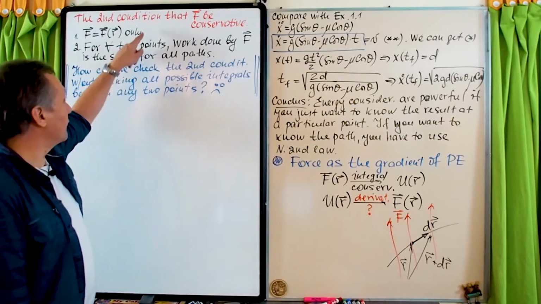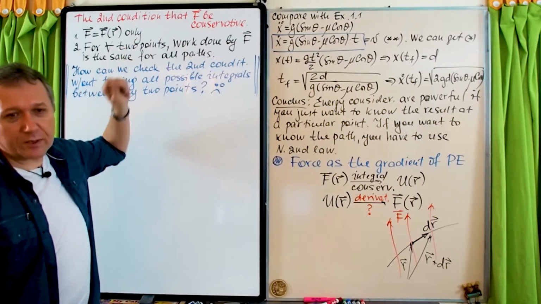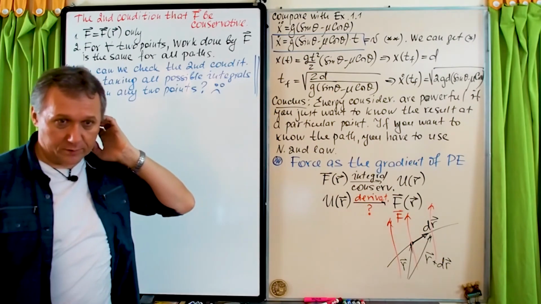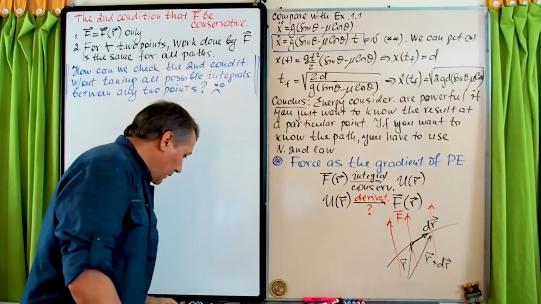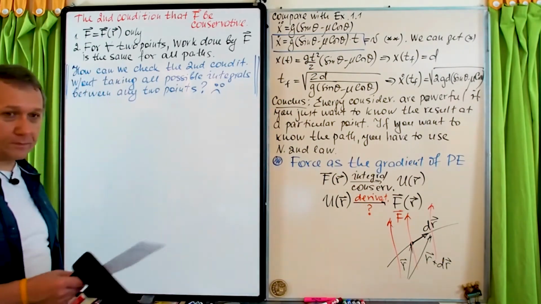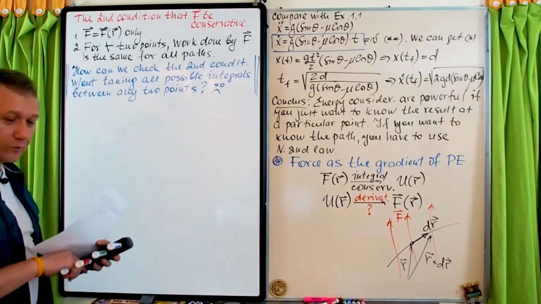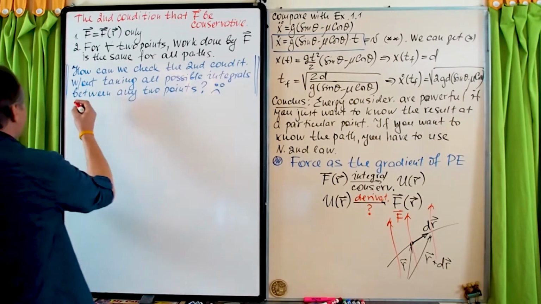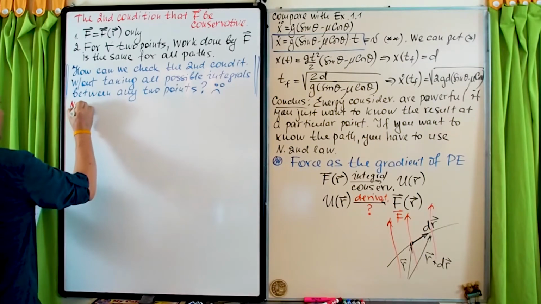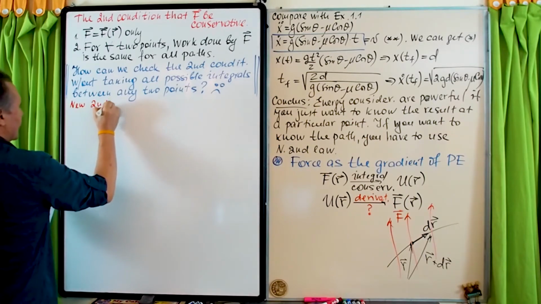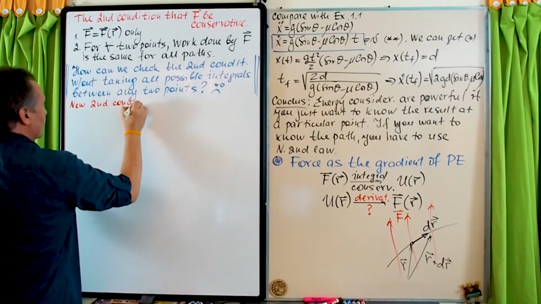And of course, the first condition is still there: it must be a function of position only. So let me write the new second condition, and then we will prove it.